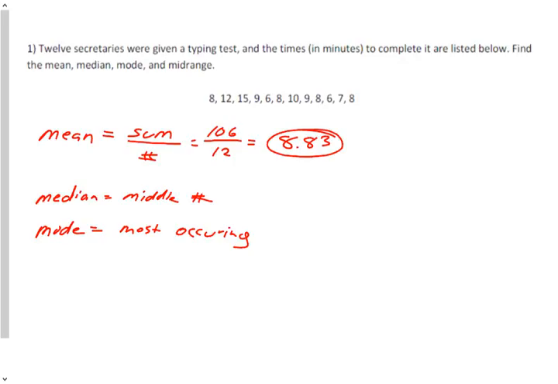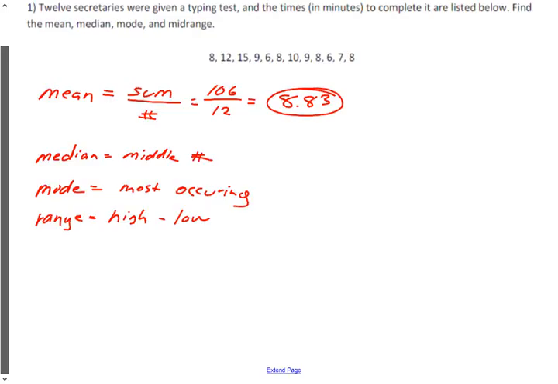And the mid-range, the range, first of all, is high minus low. Well, the mid-range is something a little different than that. It's high minus low, divided by 2, or just the range over 2. So these are our formulas now.